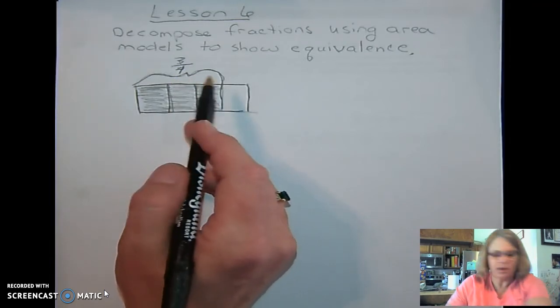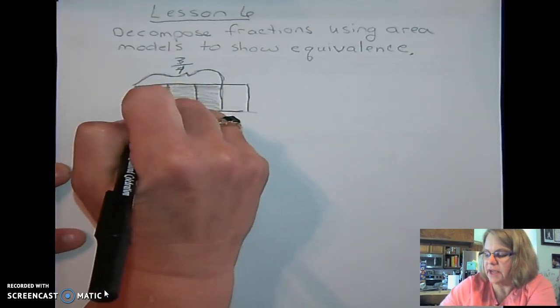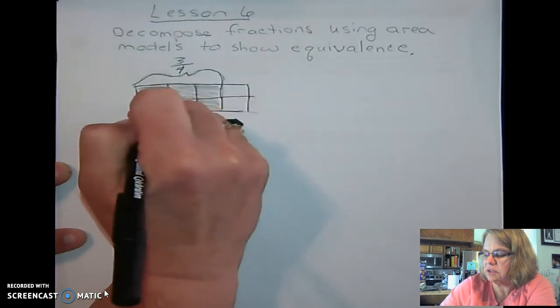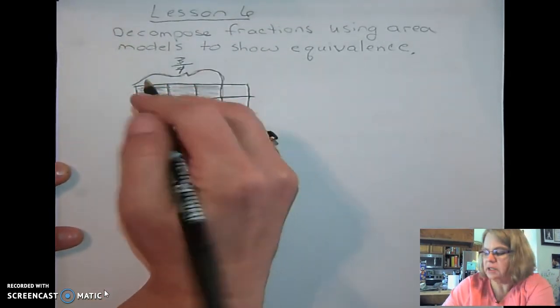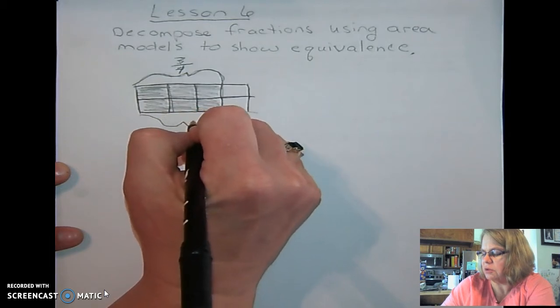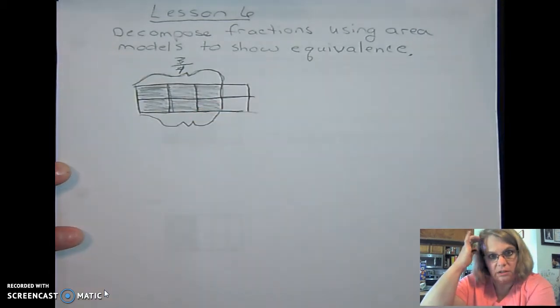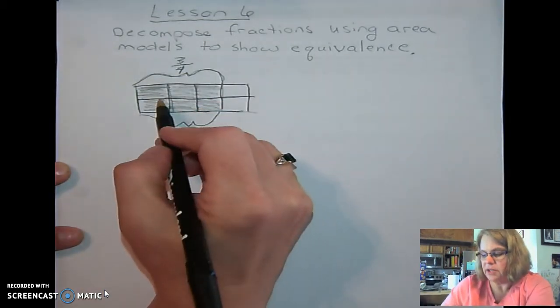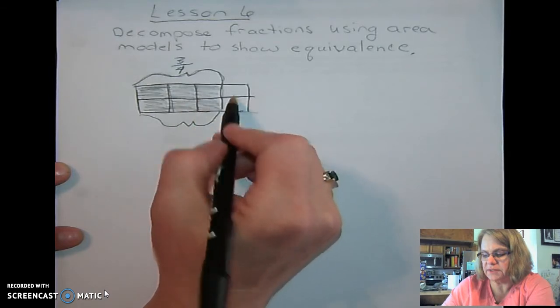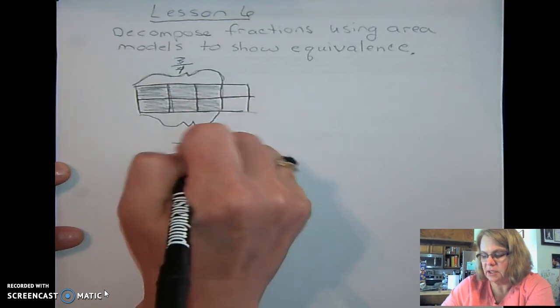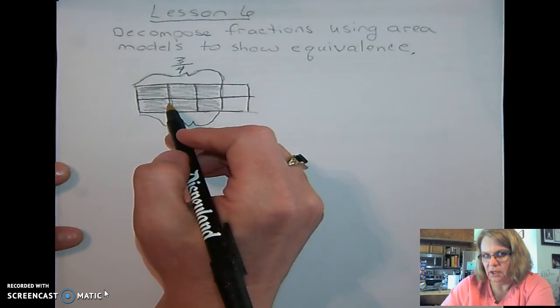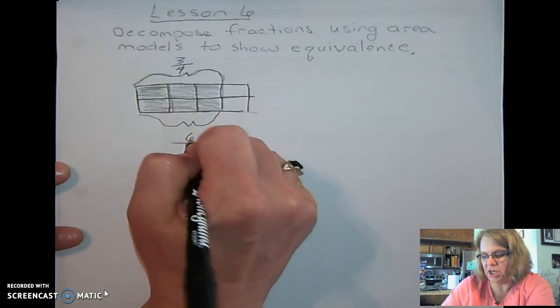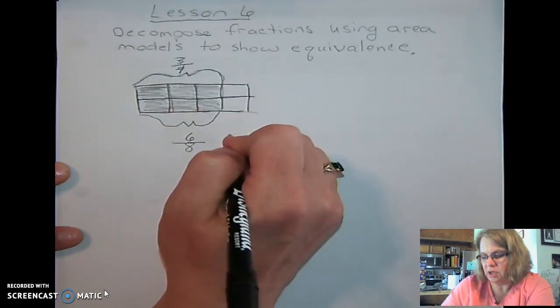Now, if I split this in half, what do I now show? Yeah. So now I have 1, 2, 3, 4, 5, 6, 7, 8 eighths. I've changed it to eighths, my unit, and I have 6 of them shaded. It's the same.